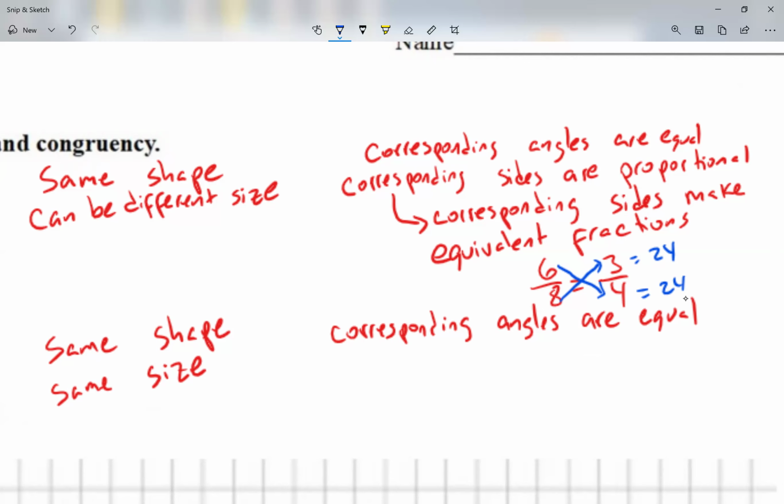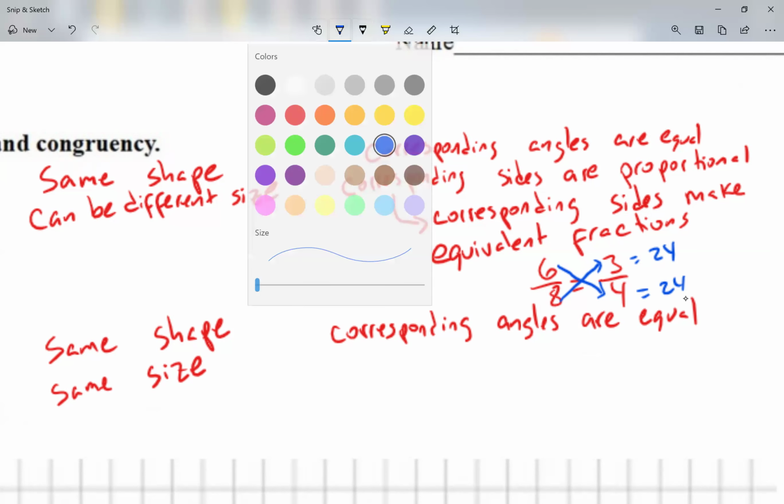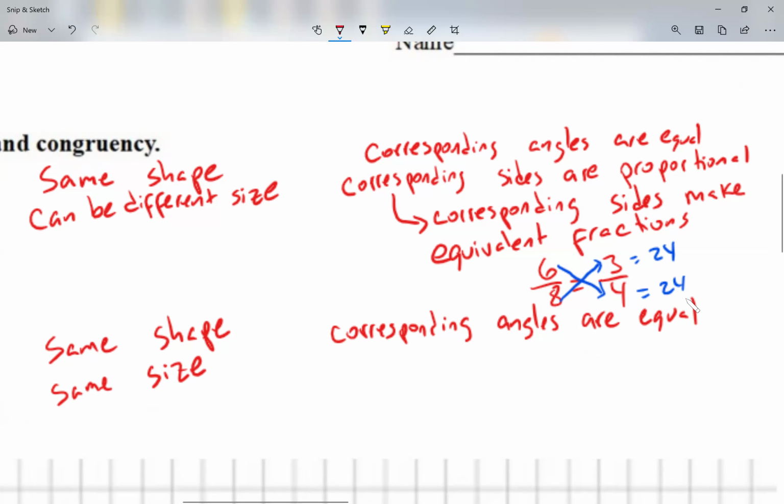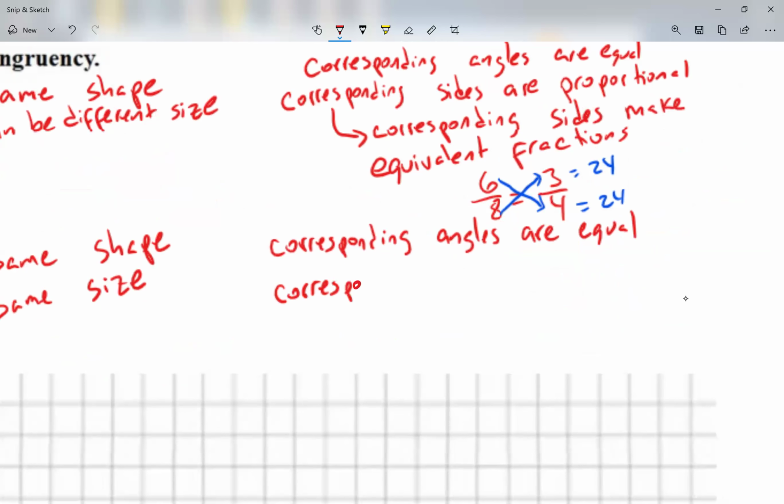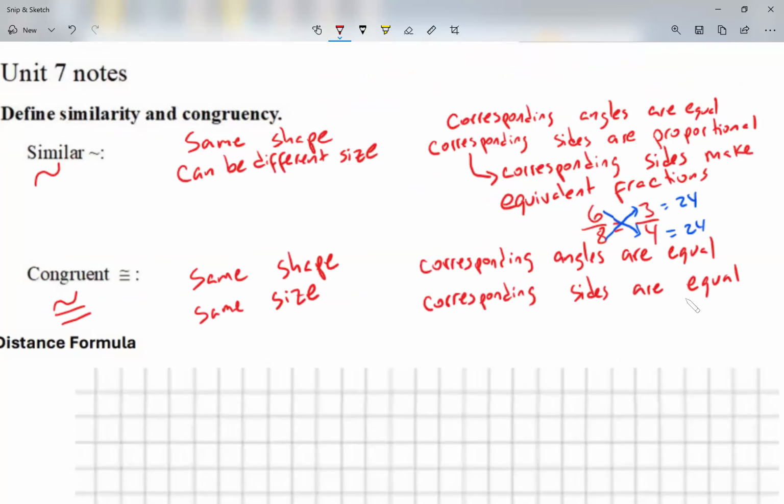Now for congruency, we talked about this before. Corresponding sides are equal. That's why we talked about congruency first, because it was pretty simple.